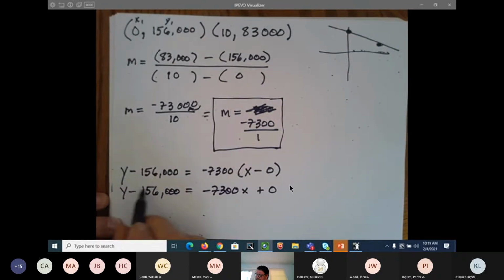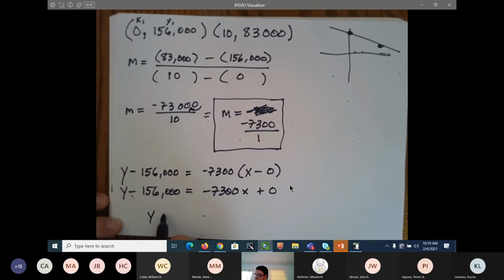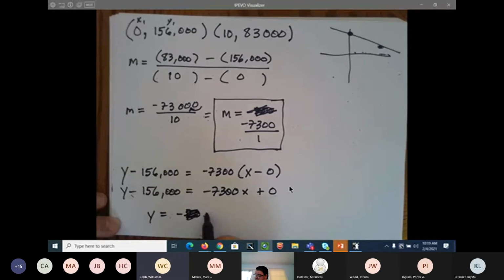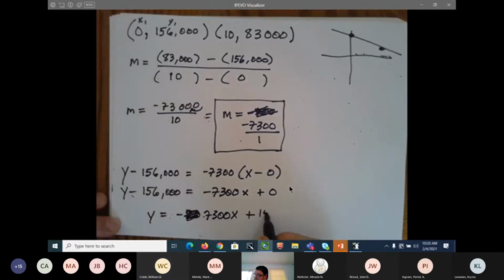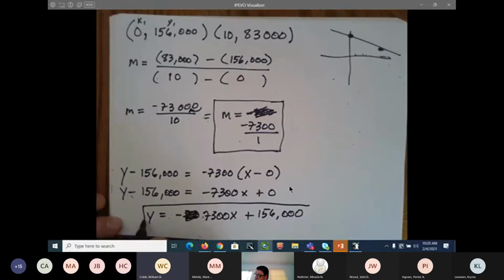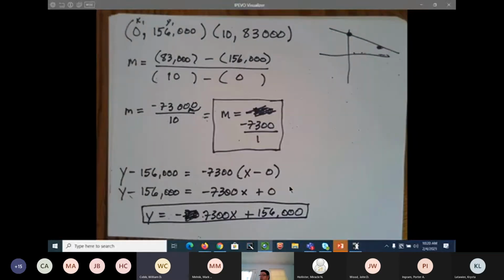And bring the 156,000 over. y equals negative 7,300x plus 156,000. How would you like to make a $1,000 a month payment on a tractor? That's about what it comes out to.